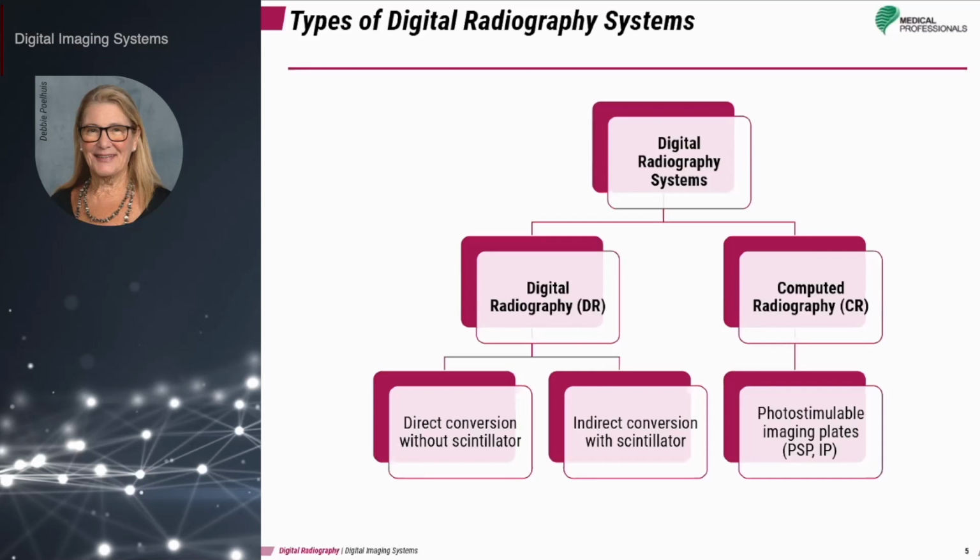The IP is housed in a cassette that is very similar to a film screen cassette, for those of you who remember that. Once it's exposed to X-rays, the IP must be processed in a plate reader to transform the latent image that's stored there in the IP. The IP must be erased prior to being used for subsequent exposures.